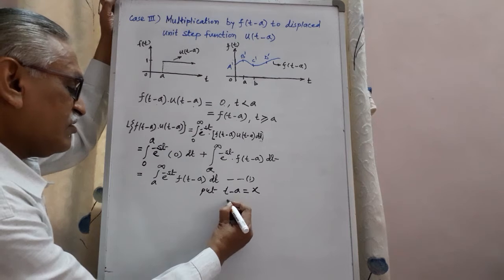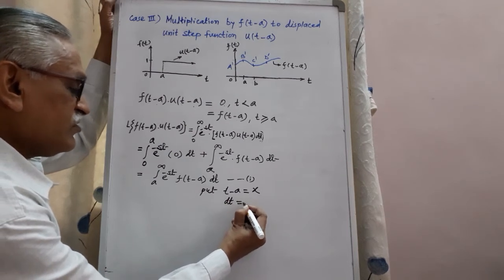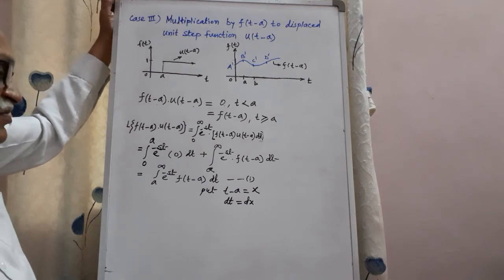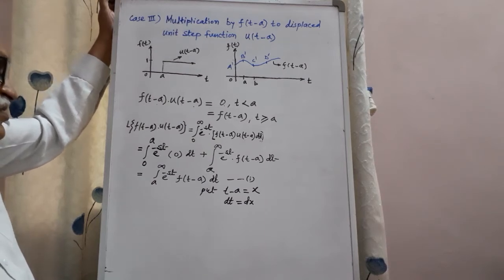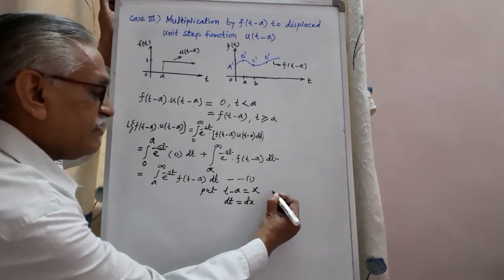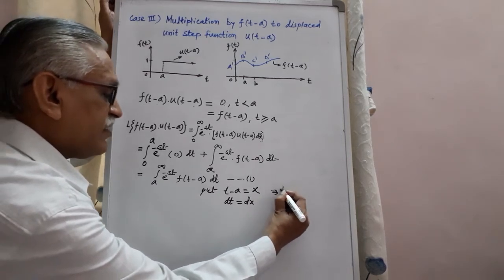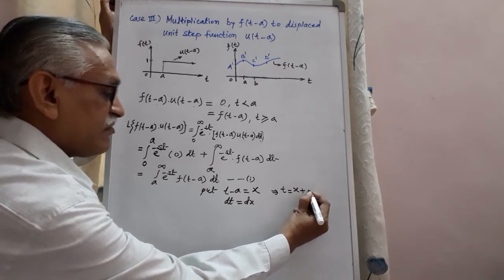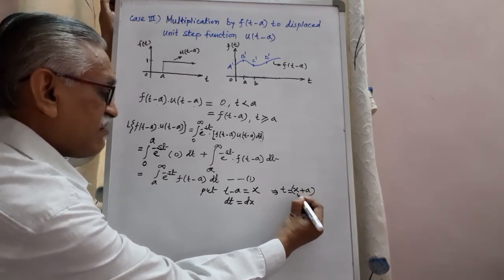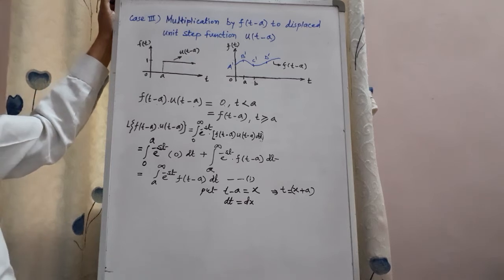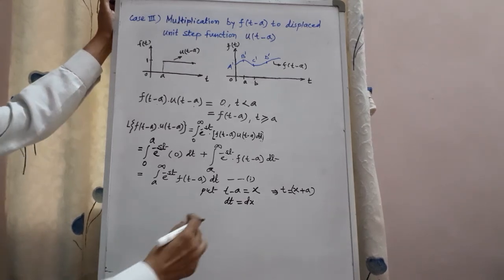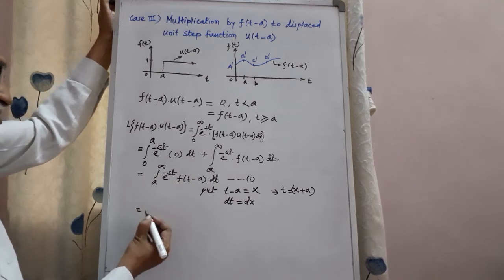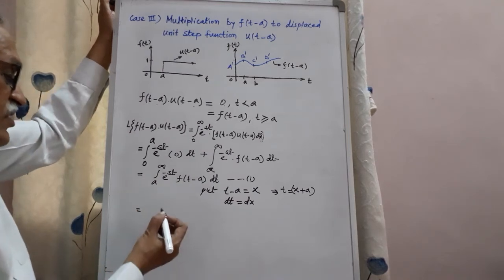Differentiating, we get dt equals dx, and the value of t is x plus a. Substituting this, we get the new limits.